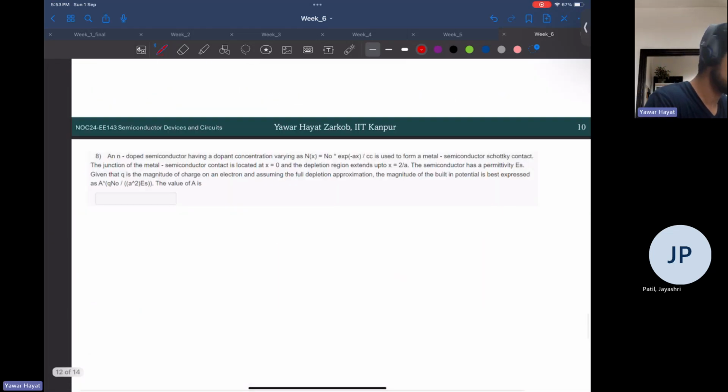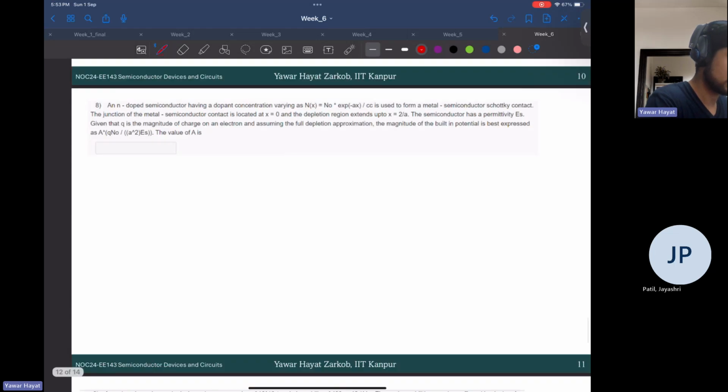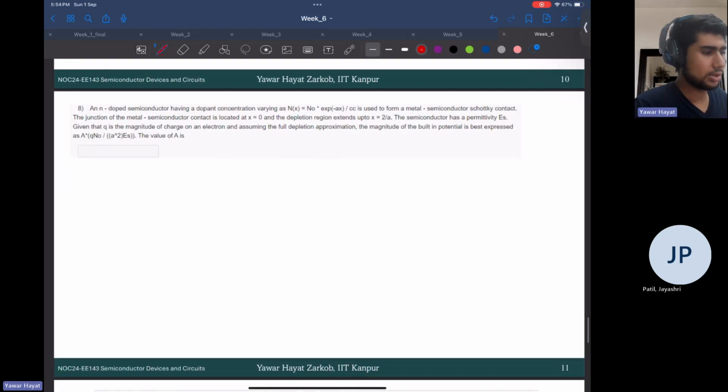Now let's move on to the next one, which is question number 8, right? We are down to the last two questions now. So it's an n-doped semiconductor that is having a dopant concentration that varies as n of x equals n0 exponential of minus ax per centimeter cube, that is used to form a metal semiconductor Schottky contact. The junction of the metal semiconductor contact is located at x equal to 0.